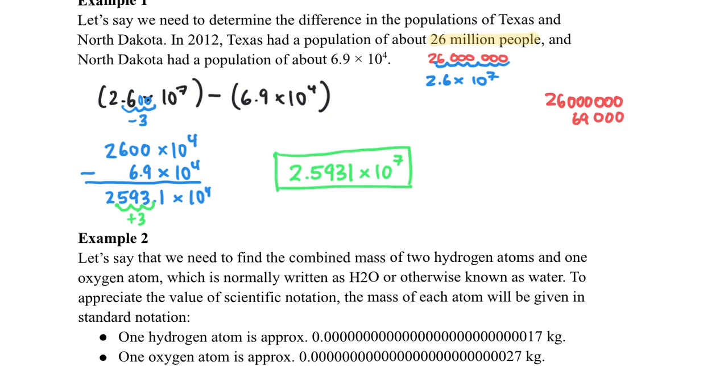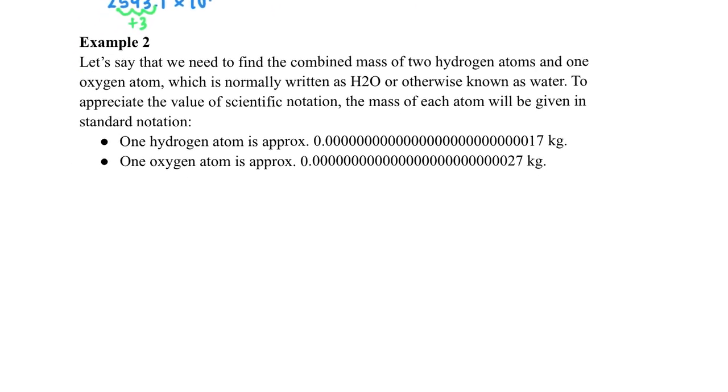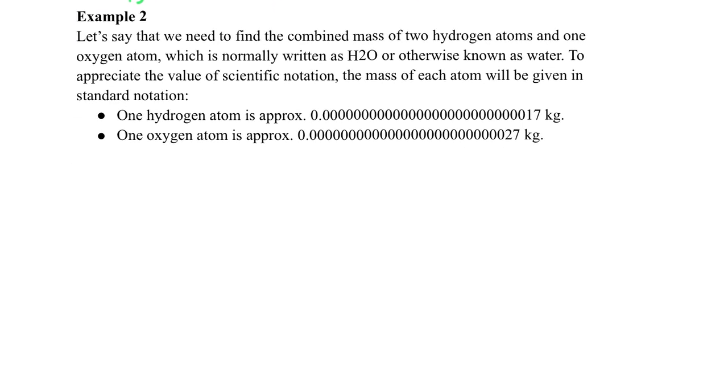Now adding is the same thing. So if that was a little bit confusing, you're going to see the same thing with adding. So let's look at adding. In example 2, we're going to find the combined mass, which means to add, of 2 hydrogen atoms and 1 oxygen atom.